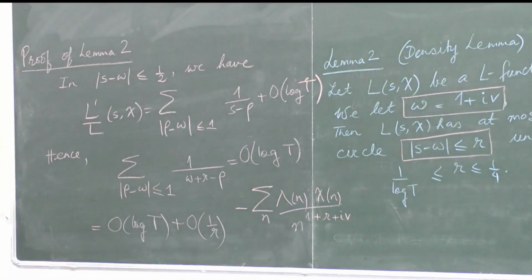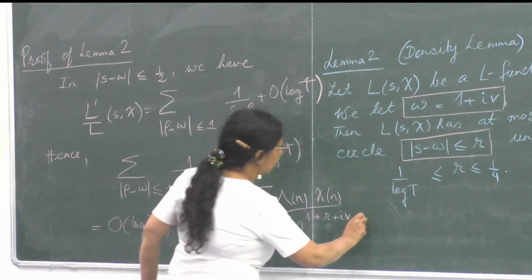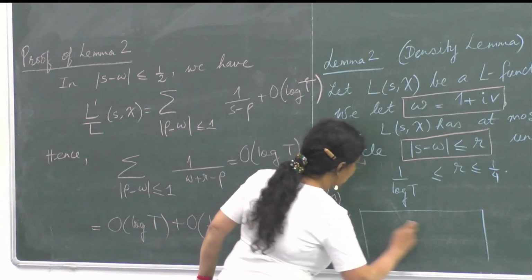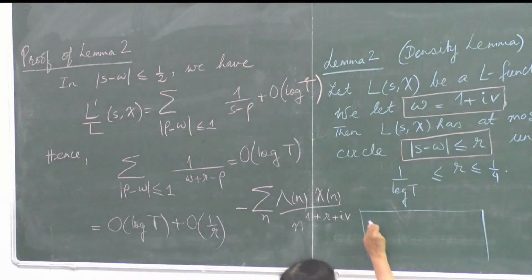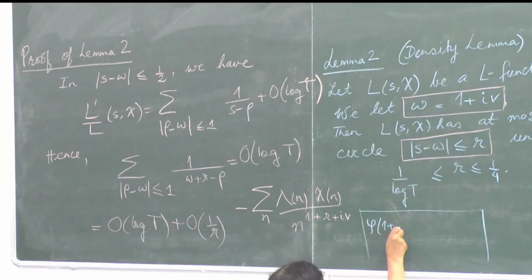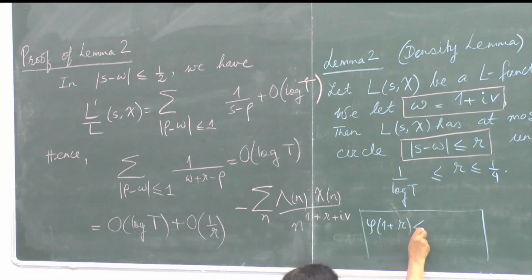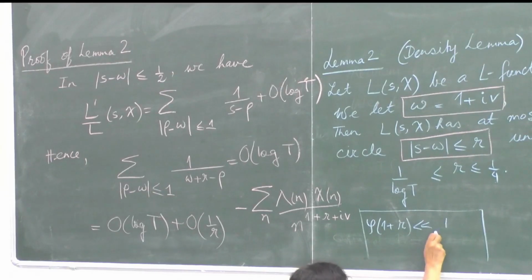Because zeta of 1 plus R can be bounded by what? 1 upon (1 plus R minus 1).